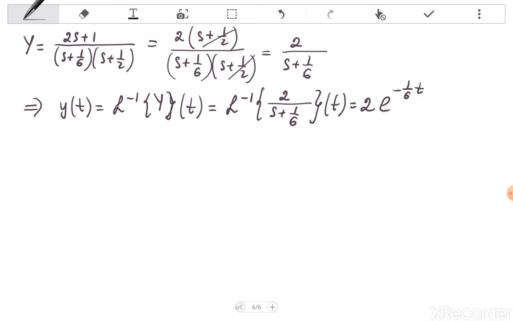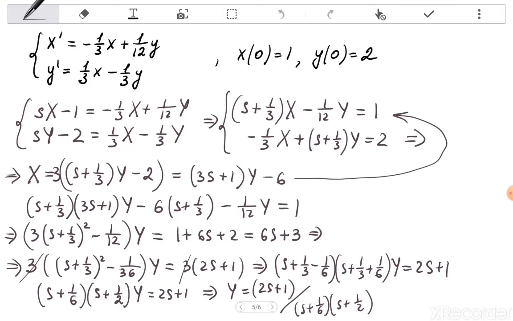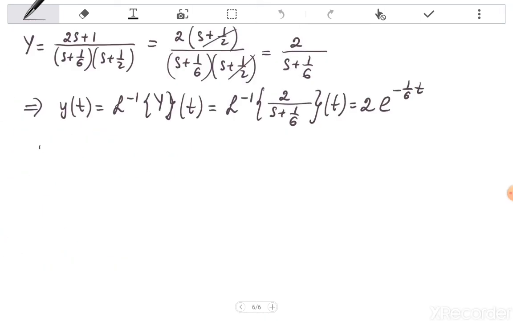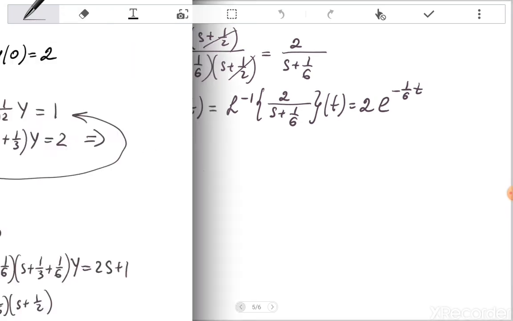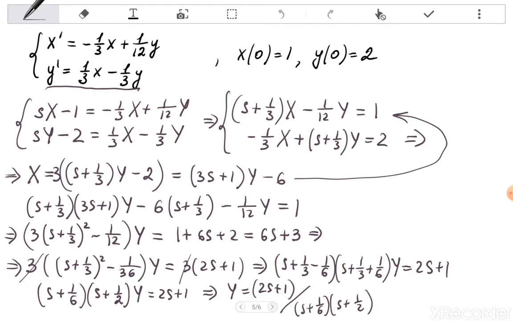And let's find x of t. So x of t, for example, can be found from the second equation here. So we know that y prime is 1 over 3x minus 1 over 3y, yes.